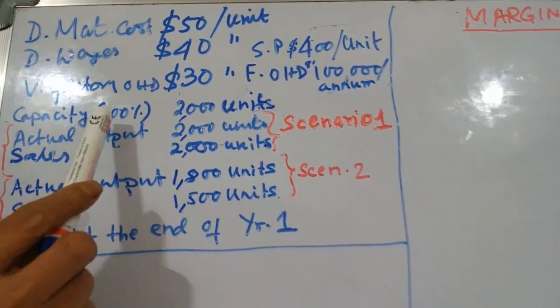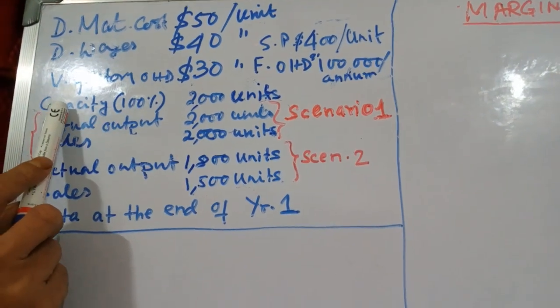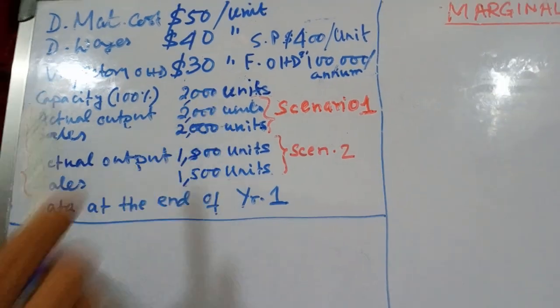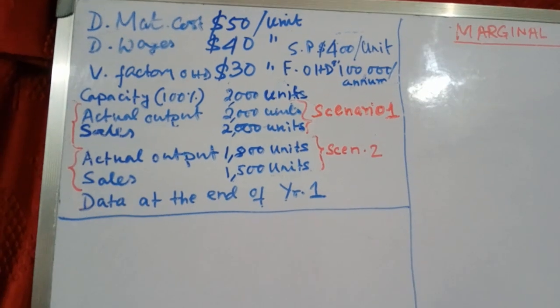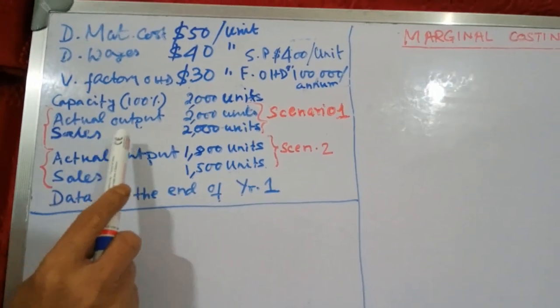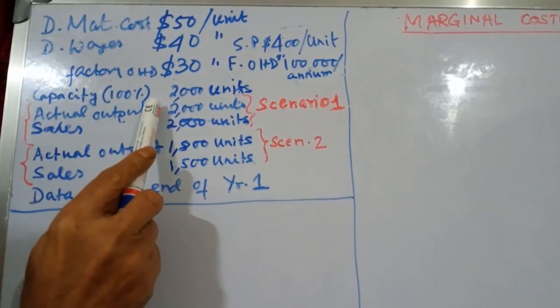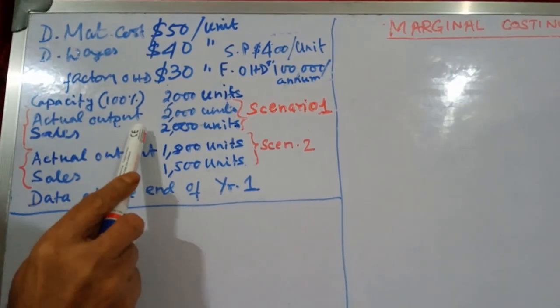Capacity, that is 100% installed capacity, is 2000 units, but the firm is manufacturing 2000 units and selling 2000 units.